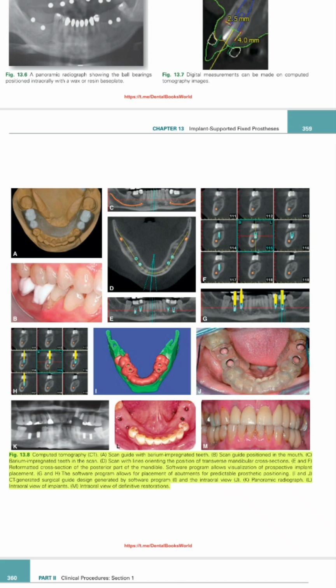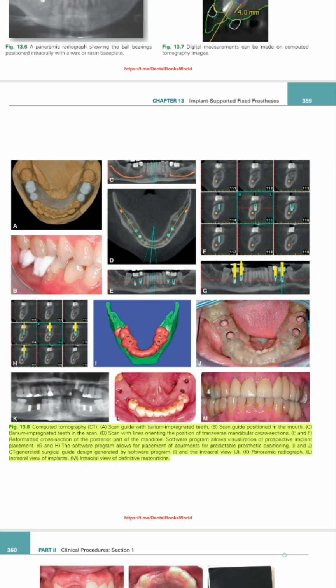First, we have this type of scan guide that has teeth on it that are impregnated with barium, and this type of material is radiopaque. We made this interim prosthesis specific inside the mouth to incline the implants with their abutments in the proper orientation that resembles their place inside the mouth with their optimum occlusion.